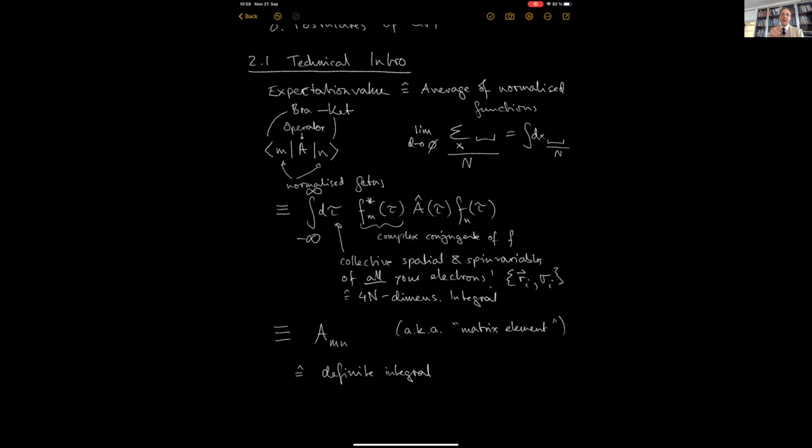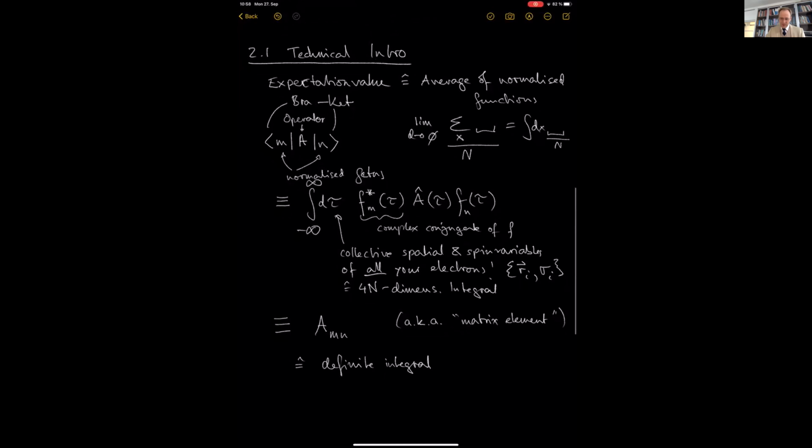So we can integrate this thing. And mathematically, you cannot integrate everything, right? There's some functions you cannot integrate. So here we assume it's integrable, and we integrate over space and spin, right?